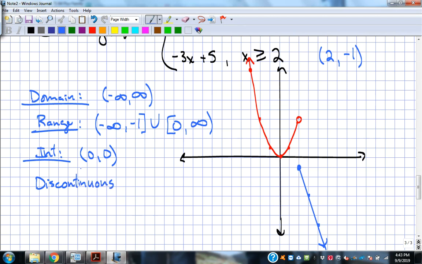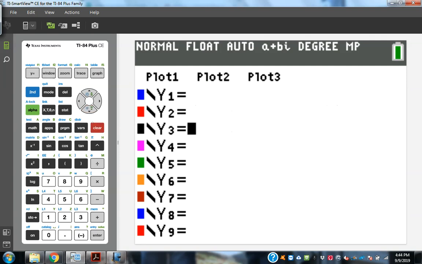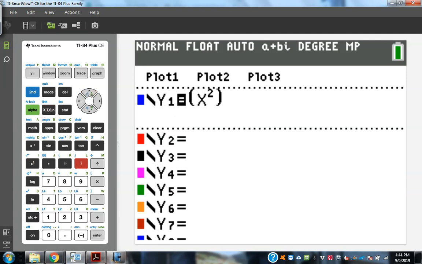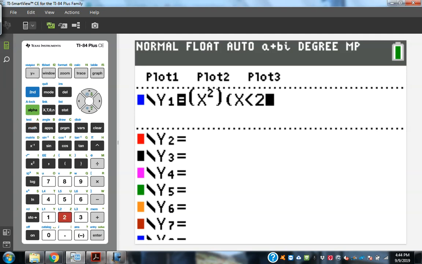All right. If we wanted to graph that with the calculator, we could. We go to y equals. To get rid of something that's already there, you can just hit clear and it'll delete it completely. If you type over the top of it, it'll override whatever's in there. I'm a delete person, so do x squared in parentheses, x is less than 2, so x, second math, less than is number 5, 2.